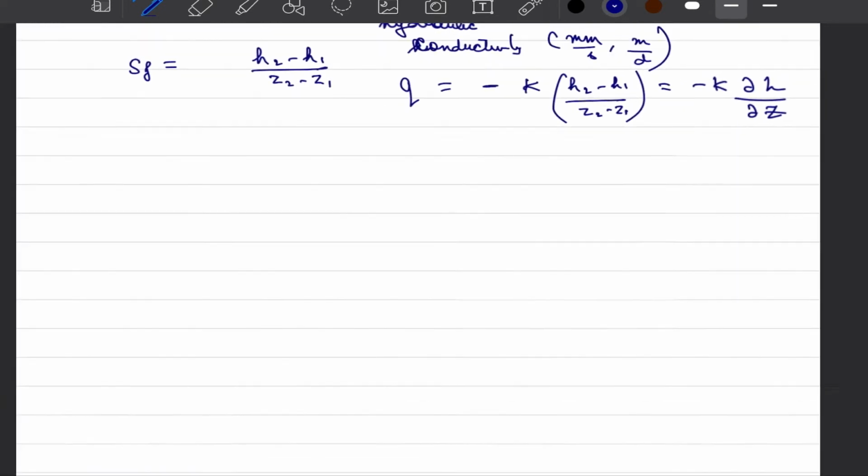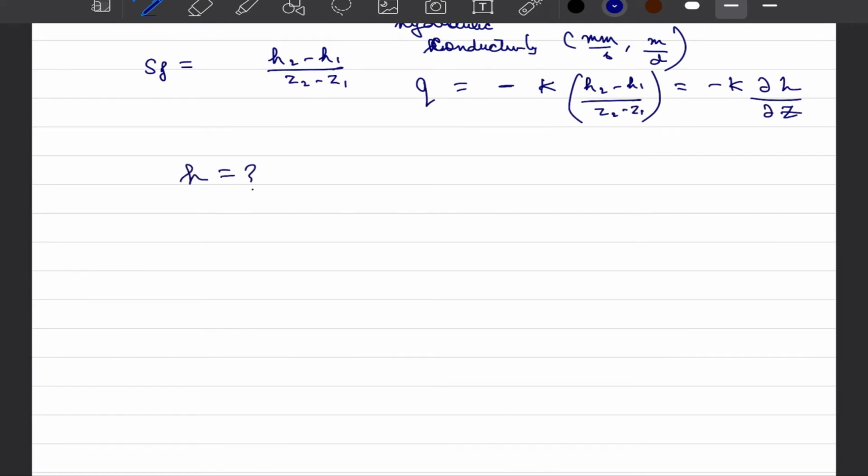Now, an important question arises: how are we going to take care of this head h? To understand this h, we are going to express the head of water in terms of height. If you recall, the same kind of convention was used when we wrote Bernoulli's equation.